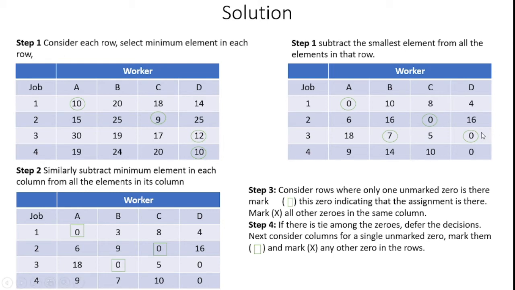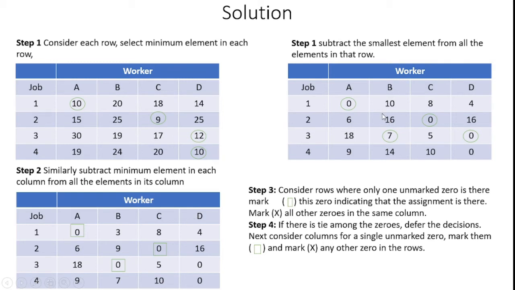The 0 is available in the fourth D worker, but the same D in D worker fourth also 0. For that reason I move to identify another minimum element available in the same row, which is 7. So now I can subtract the 7 from the other elements available in that B column.